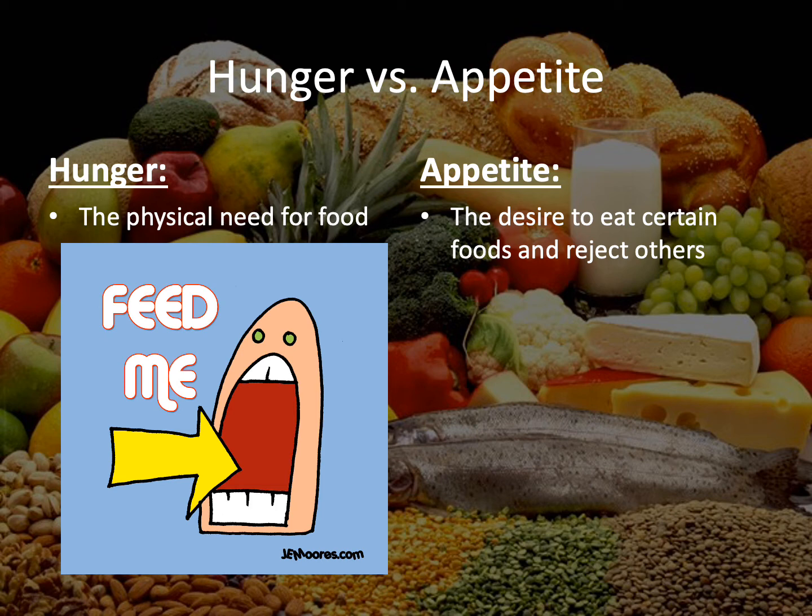For example, I might want a cheeseburger for lunch and might not want the salad that was available in the cafeteria. The difference between hunger and appetite is that when you are actually hungry, you will eat most anything for survival, while your appetite will dictate your food choices.